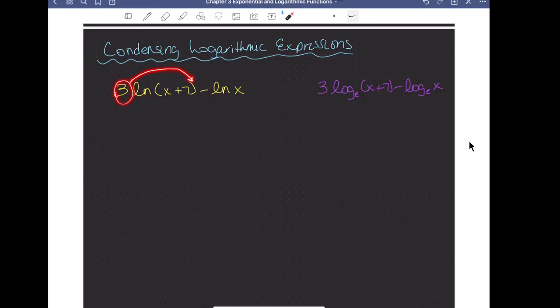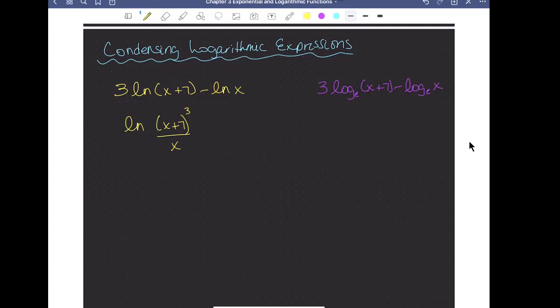So that's going to become the exponent. So I'm going to have the natural log of x plus 7 raised to the 3rd, using the power property. And that's going to be divided by, because that's our quotient property rule, x.